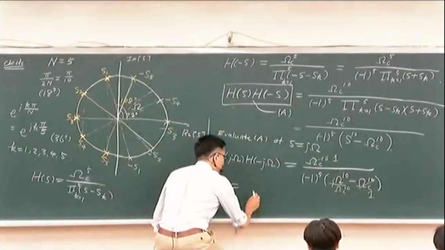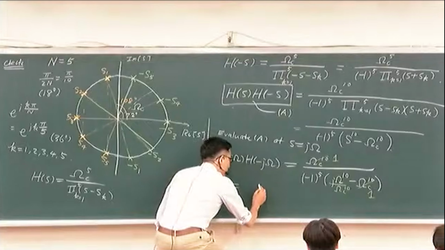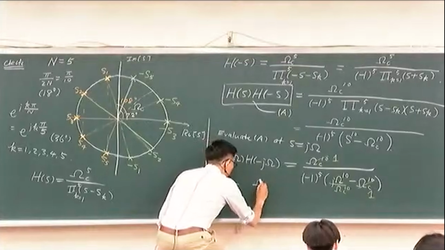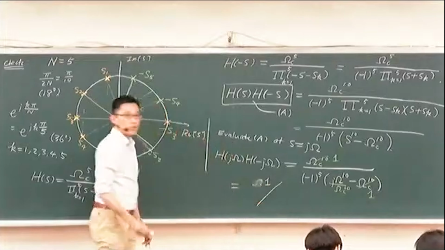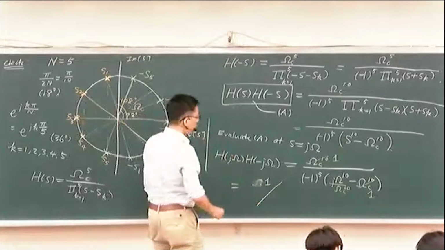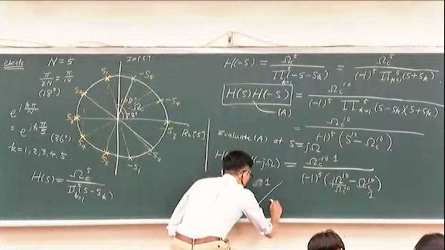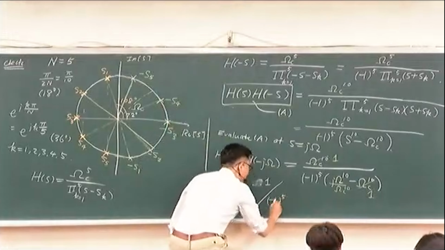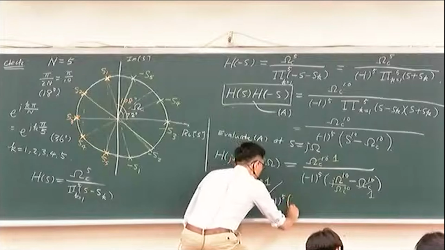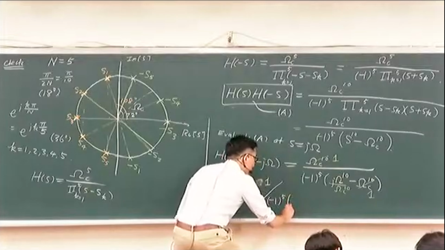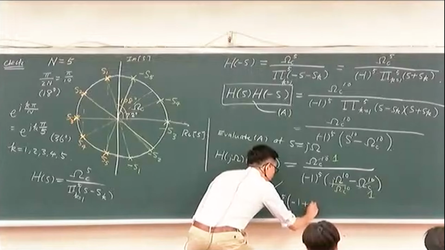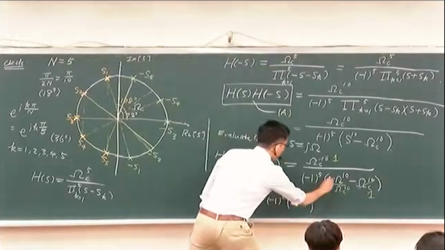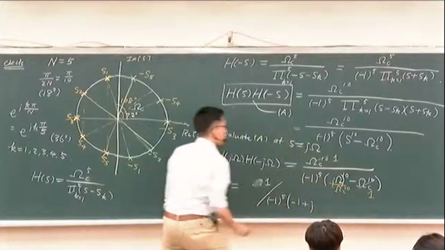So on top, now we have 1. At the bottom, what do we have? At the bottom, we have minus 1 to the 5th power and minus 1 plus j omega, like that.